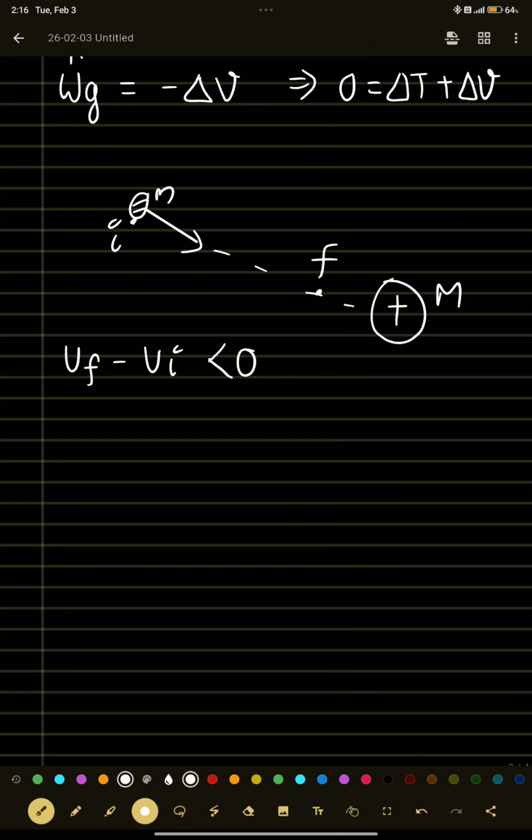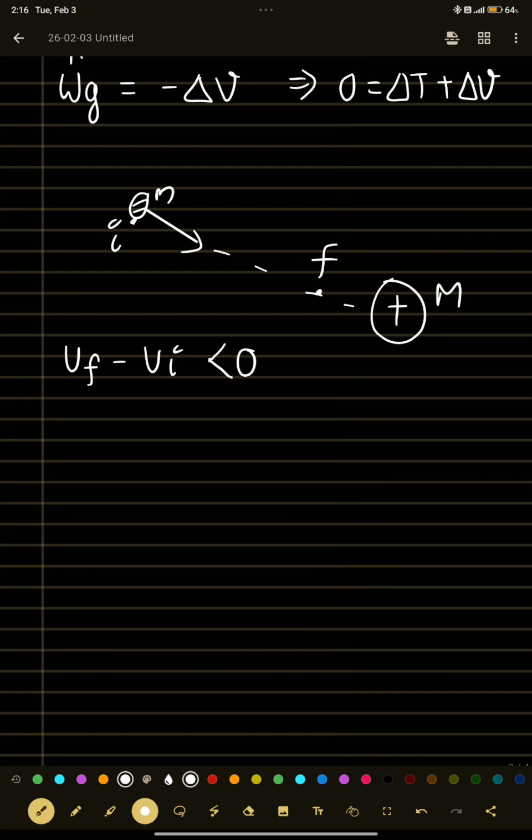Here also, del T was positive. Why? Because when the particle is approaching this mass, it is accelerating, so the kinetic energy change is positive. ठीक है.